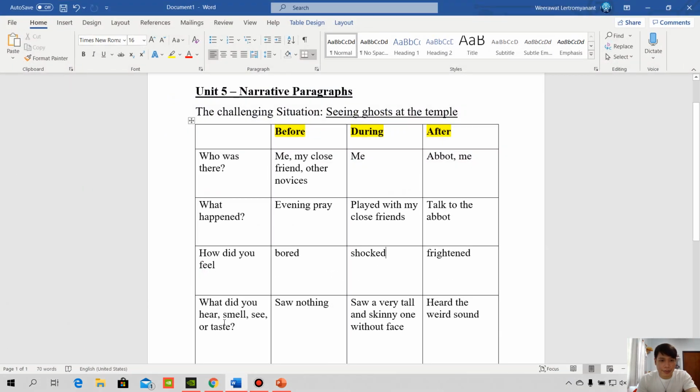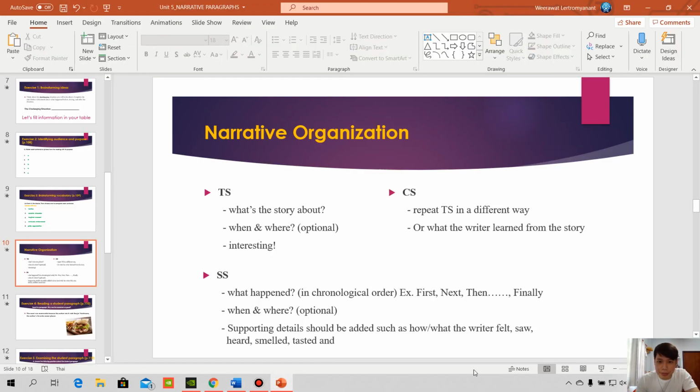Look at this: what did you hear, smell, see? You can add more supporting details in order to make your reader have a clear imagination. They must see the same picture as you explain to them, so this kind of detail is also important for what happened.